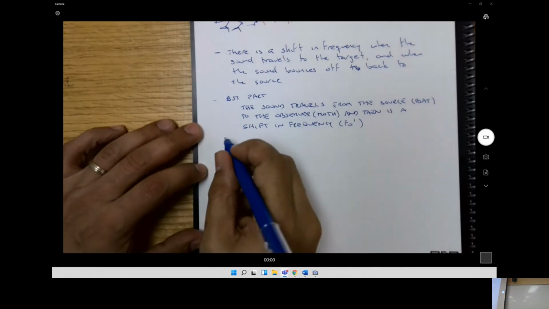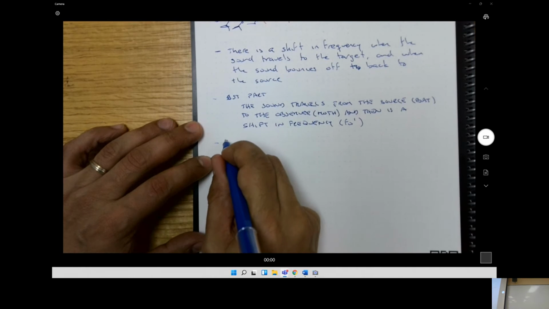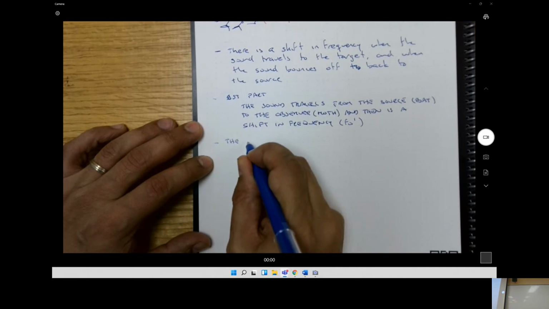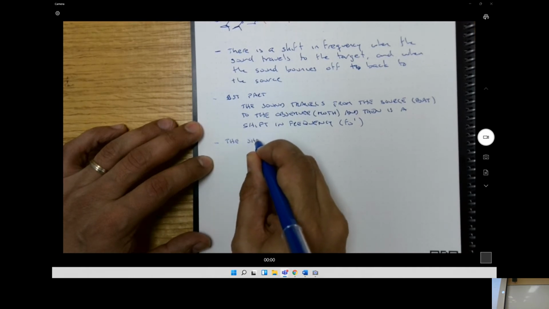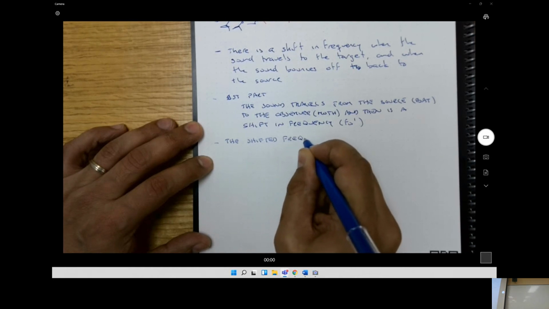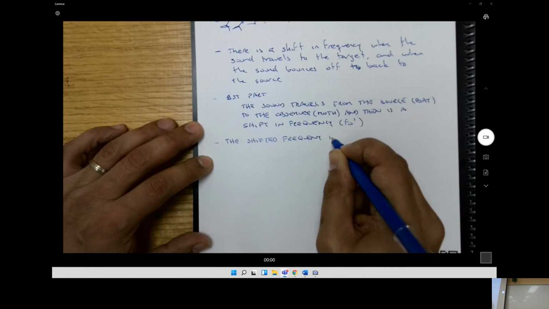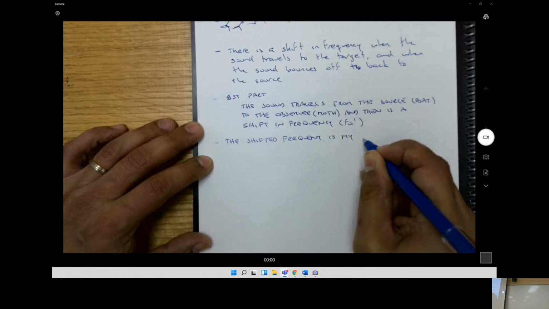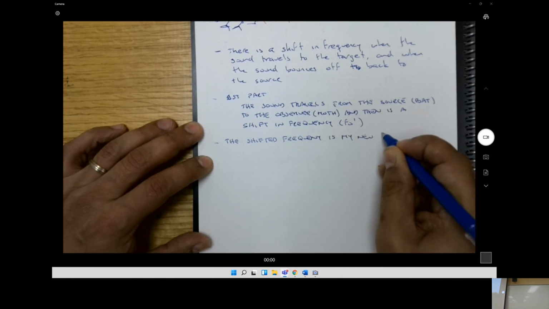Okay, so the shifted frequency is my new source frequency.